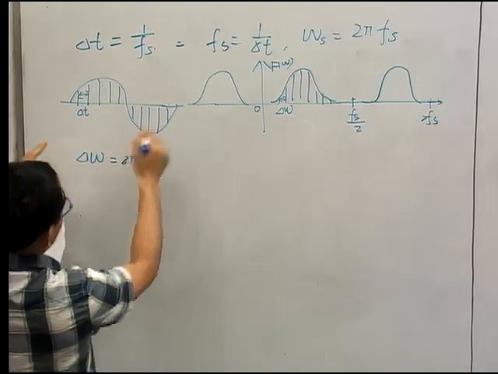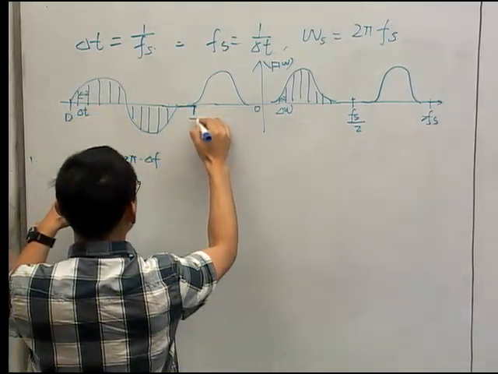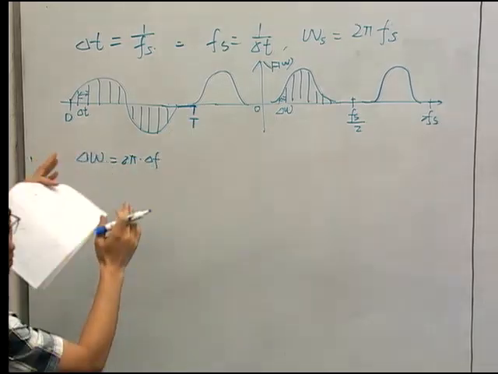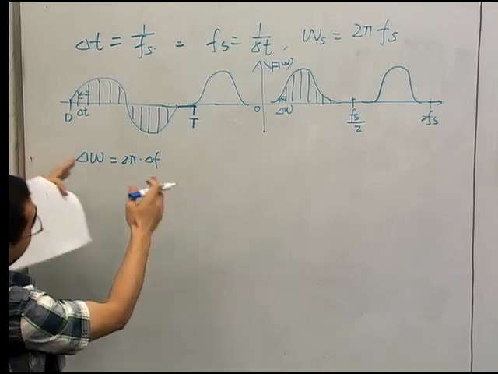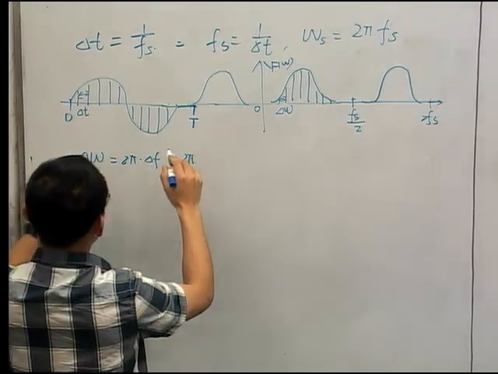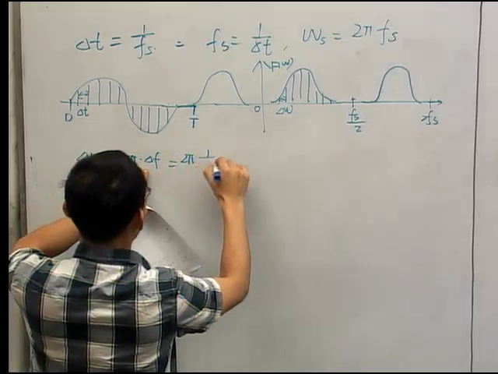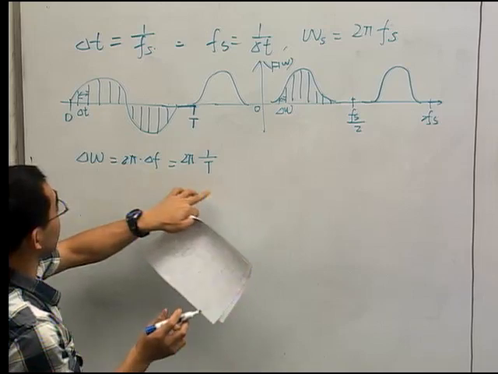If you think of this from 0 to time t, this is the total sampling time. Similarly, 2 pi delta f should be equal to 2 pi over t.